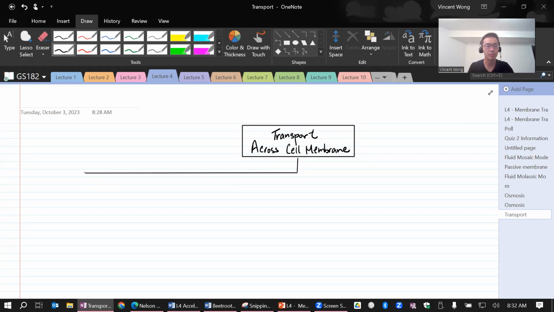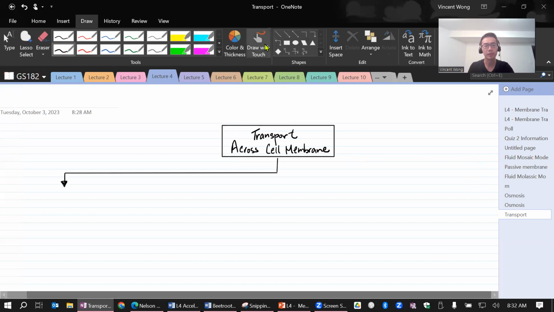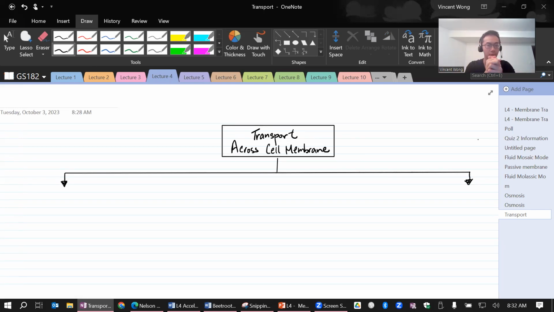Two kinds of transport. One kind over there, and then we'll do the other kind over here. Just going to give you a moment to copy that down. I mean, you should copy this down.